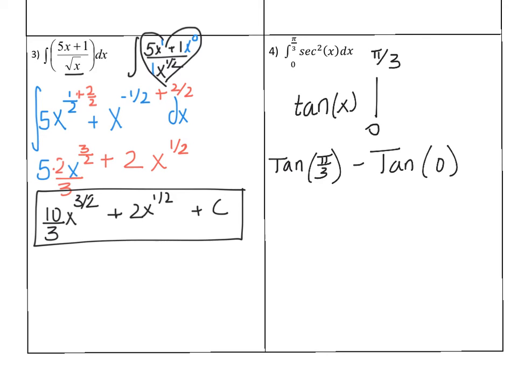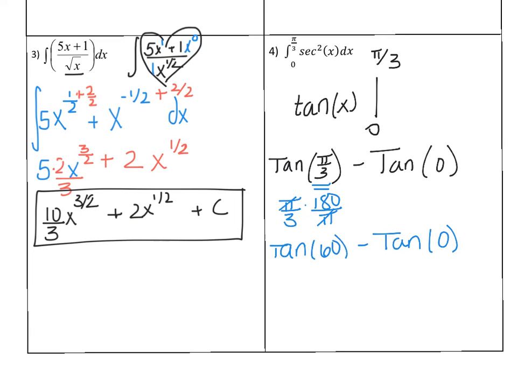So in order to find tangent of pi over 3, it probably would be helpful if you would convert pi over 3 to degrees. So to do that, we multiply pi over 3 times 180 over pi. The pi's cancel, and you're basically dividing 180 and 3. So I want to find tangent of 60, and then subtract that by tangent of 0.